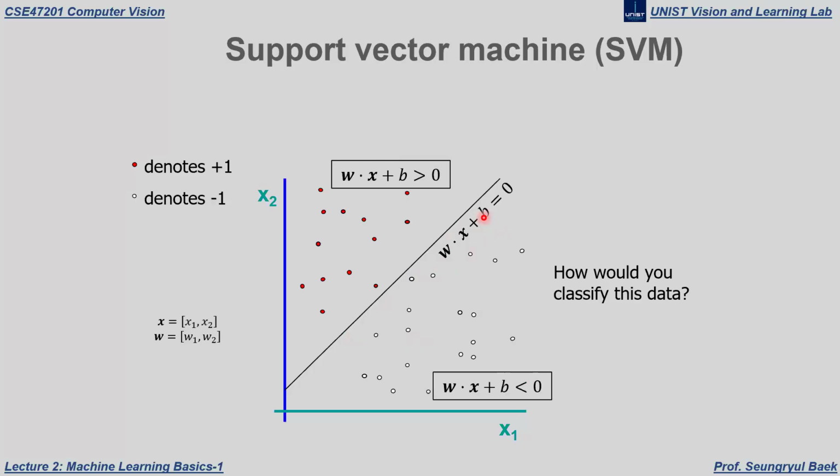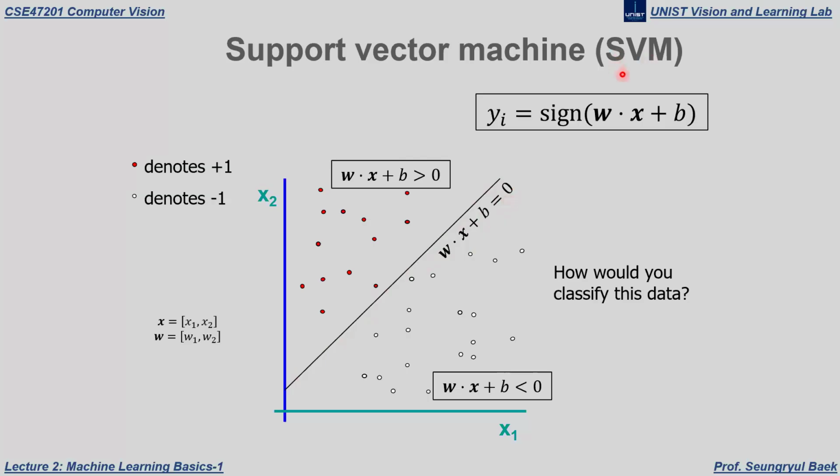Using this sign of the function's output, we can classify each sample. So to achieve that, W and B should be updated to make the samples lying on this straight line become 0.